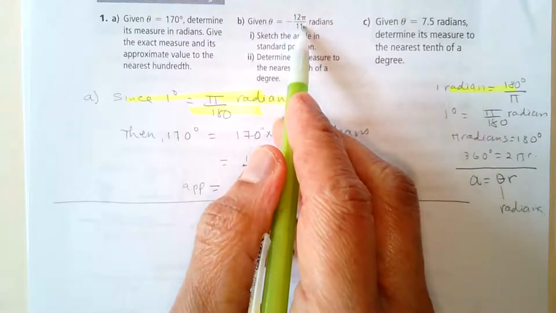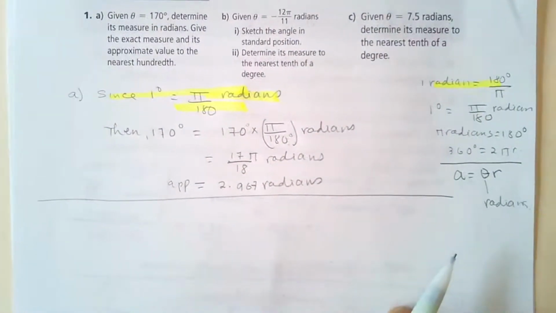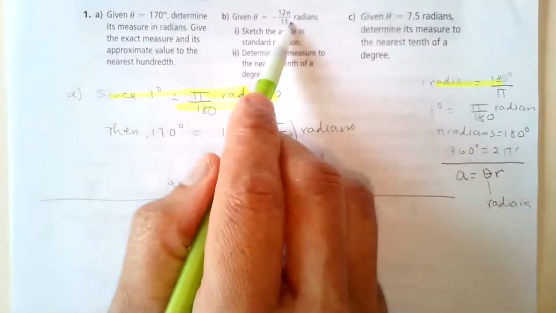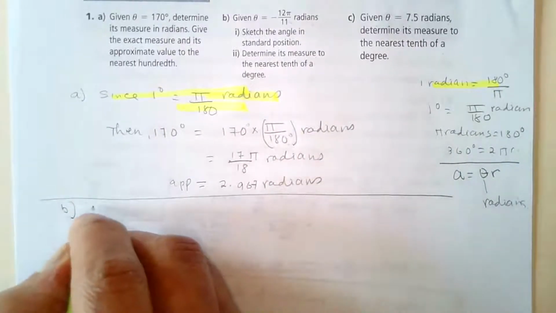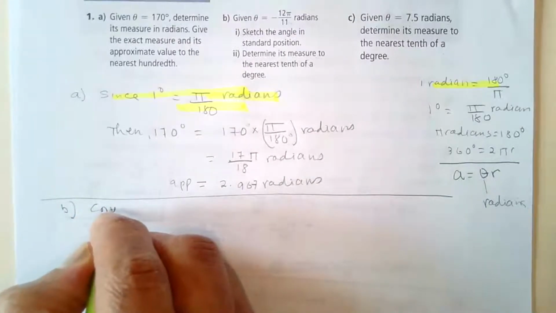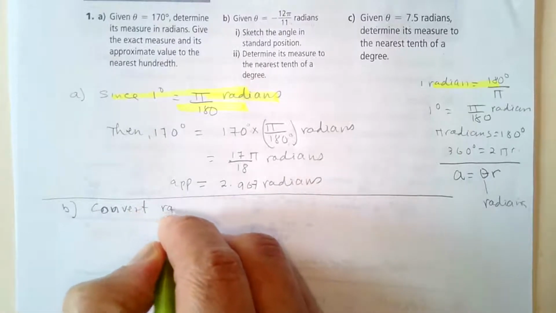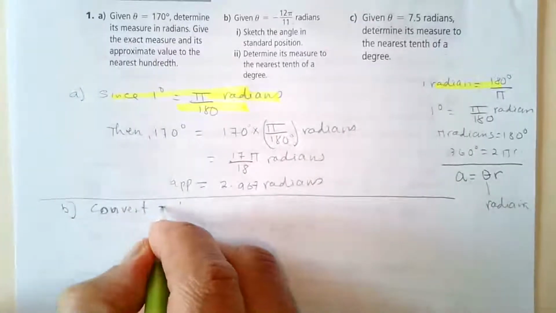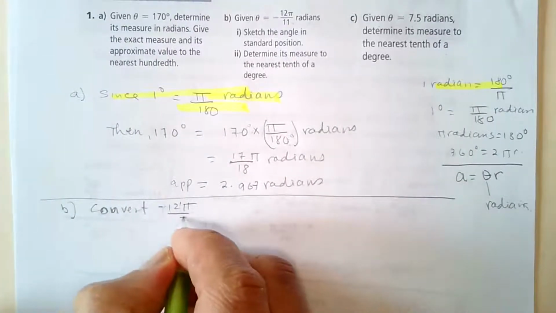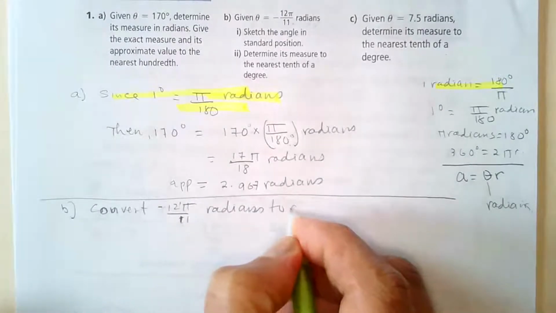Given negative 12 pi over 11 radians, sketch the graph. So you want to change this into degrees. So let's go to the B part here. Convert negative 12 pi over 11 radians to degrees.